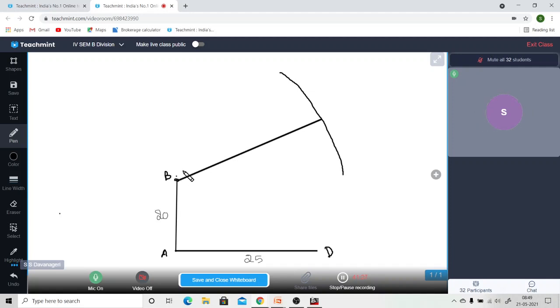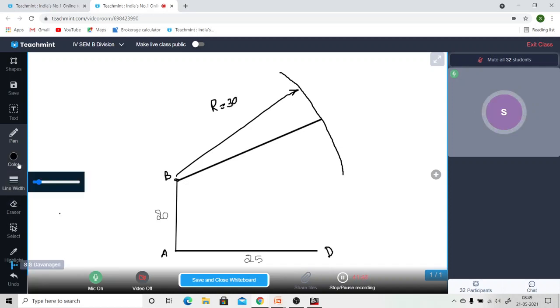The radius of this arc is equal to the length of link BC, which is equal to 30 mm. Clear?